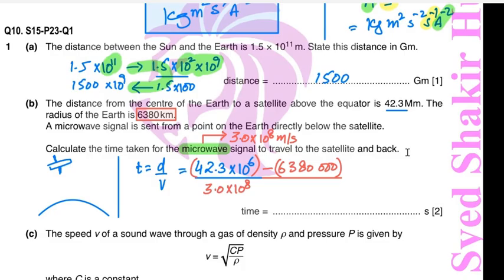And how this will be taken two times, right? The signals go to the satellite and then comes back. Return back. Yeah. So it's two times. Simply just put all this into the calculator.